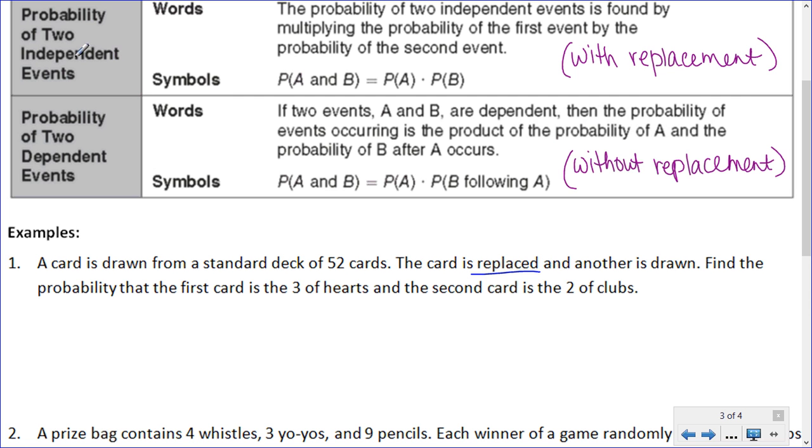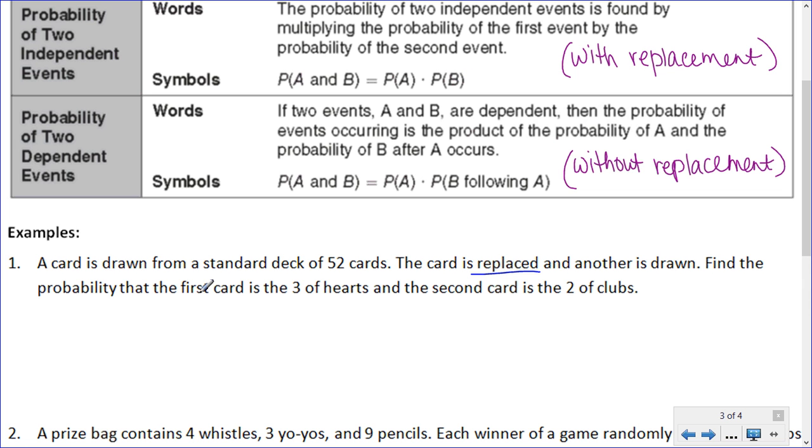So those two would be independent events. The results of the first card have nothing to do with the results of the second card. So again, this is two events that are done with replacement. So all we need to do to find that probability is to multiply the two probabilities.